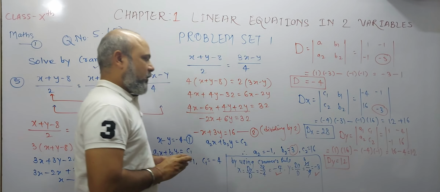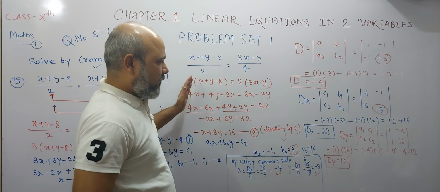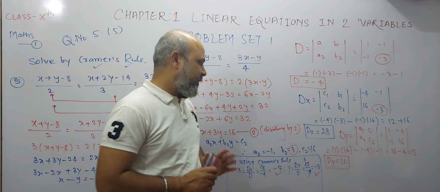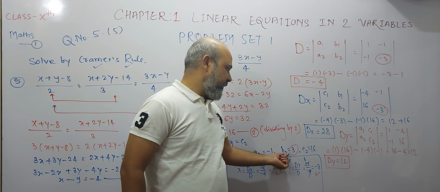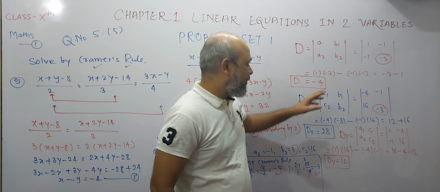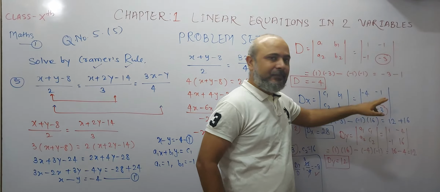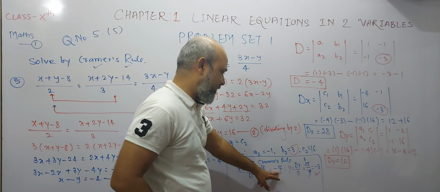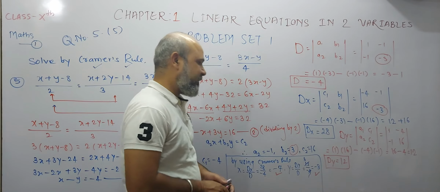Otherwise, the method I solved is very correct and the calculation is also correct. Only by mistake, b2 should be 3, but I have taken minus 3, and because of that our answer changed to x is equal to minus 7 and y is minus 3.